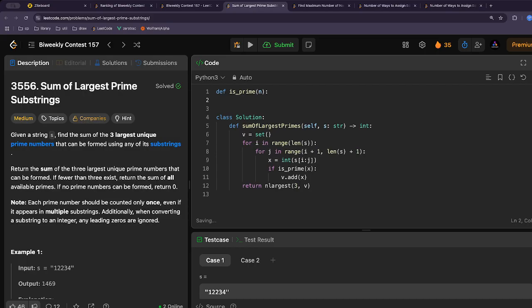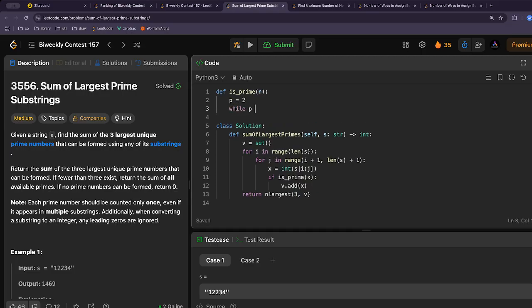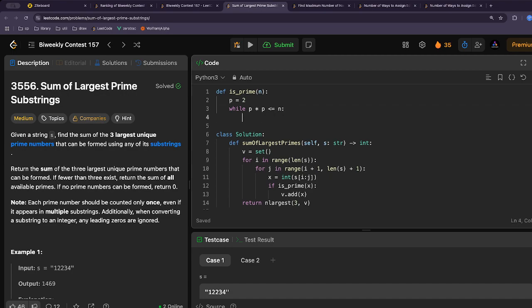Okay, so how do we test if a number is prime? Remember that we can go up to the square root of the number, right? So we can start testing while the numbers. So this is a way. I know that sometimes people calculate the square root of the number and use a for loop, but I like to do it this way, because here we're only multiplying, right?